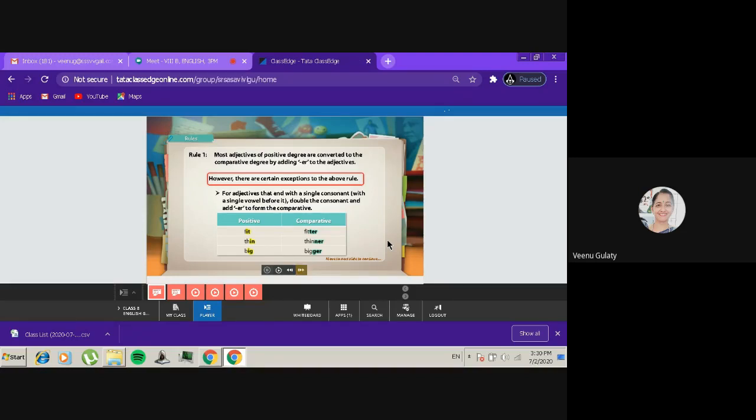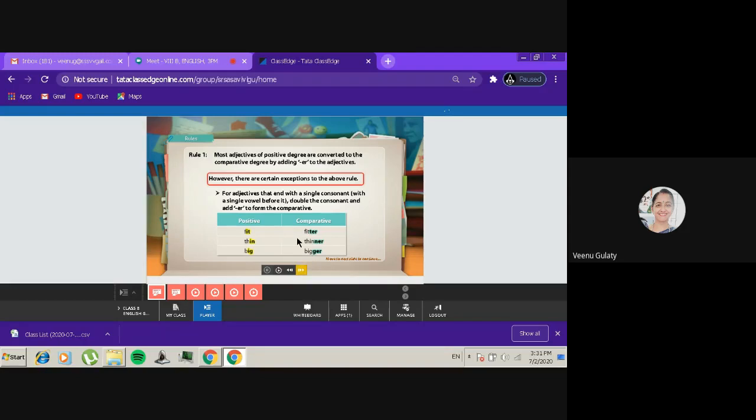So here you have adjectives that end with a single consonant, with a single vowel before it. Here is a consonant, and before that consonant you have a vowel. If it is like this, then the last alphabet doubles itself, and then you take ER.